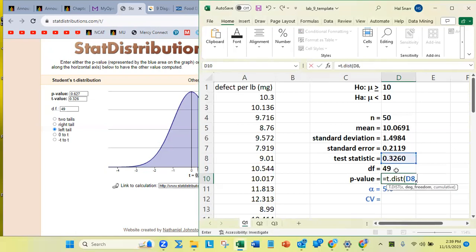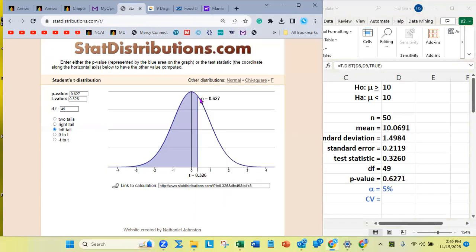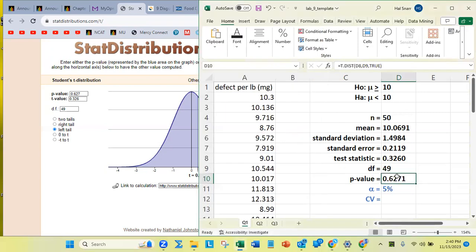My degrees of freedom are 49. And then in Excel, I need to type TRUE here. If you're using Google Sheets, you don't need to type TRUE. And I get a p-value pretty close to the number statdistributions.com gave me: 0.6271, because we need it to 4 decimal places.